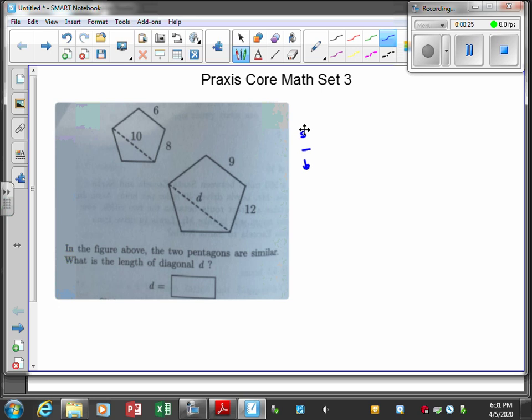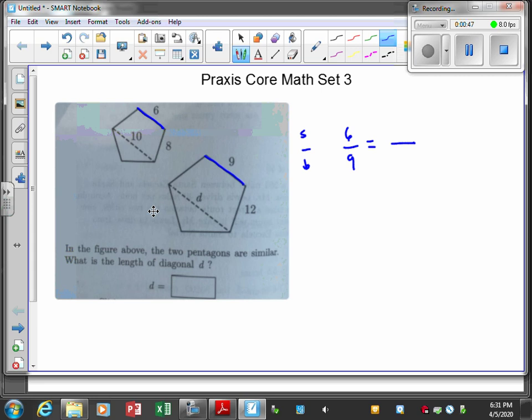Okay, so in the first one, they want us to figure out D. So first of all, I need to do a small and a big of two sides that are the same. So I'm going to do this one, which is 6 on the smaller shape, and then the corresponding side is 9 on the large one, is equal to small and big.